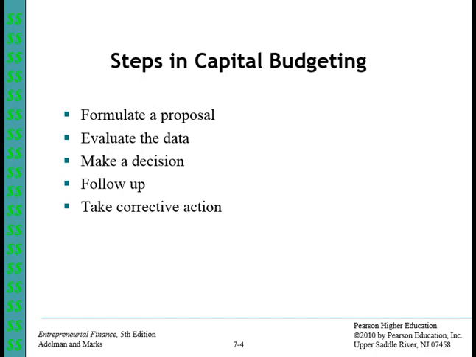Since we're basing this on our estimates of the future, one of the things we know is probably true is that the things we estimated or predicted to happen aren't going to happen. So we have to follow up. And if there are corrective things that need to be made, we need to make corrections along the way to fine-tune the project.